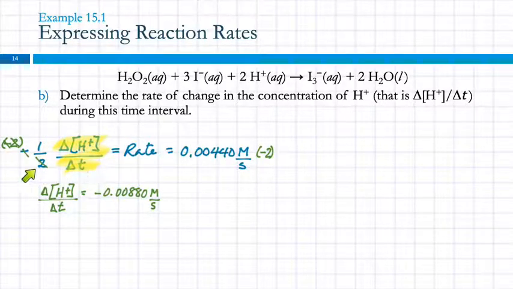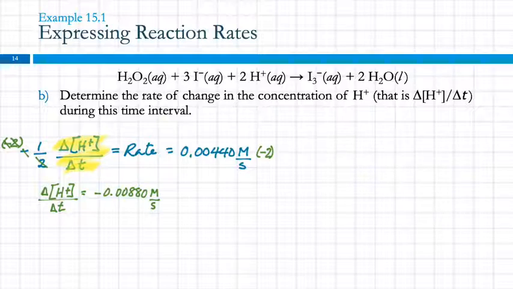So we can write an equation for the rate, and it includes that rate of change of hydrogen ion concentration, but we want to know just the hydrogen ion concentration changing.